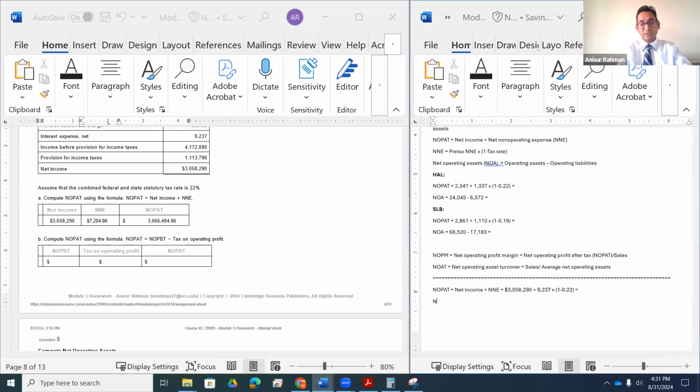Now NOPBT is equal to net operating profit before taxes, which is equal to sales minus cost of goods sold minus operating expenses.